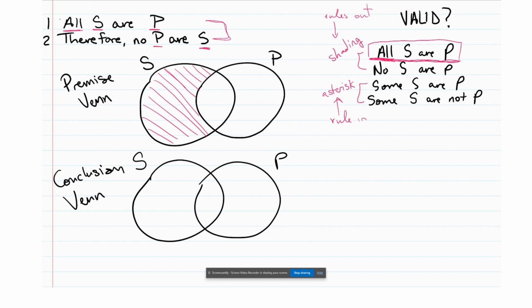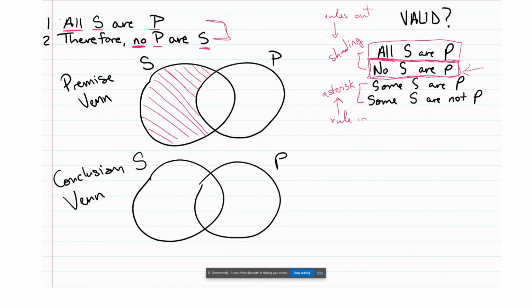Now notice, the categorical form of the conclusion is no P are S, right? So it looks much more like this second categorical form right here, no S are P. It's like that one. Except, notice really importantly, the categories are reversed over here. So instead of saying no S are P, what we're saying is no P are S, right?